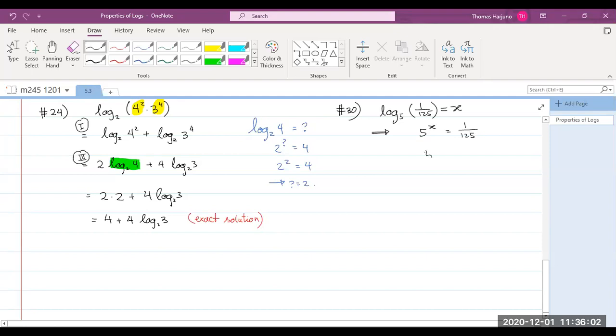Now, 125 is 5 to what power? Cube, right? Okay. But if you have 5 cubed in the denominator, you bring it up, it becomes 5 to the negative 3. By one-to-oneness, we get x equals negative 3. So log base 5 of 1 over 125 is negative 3.